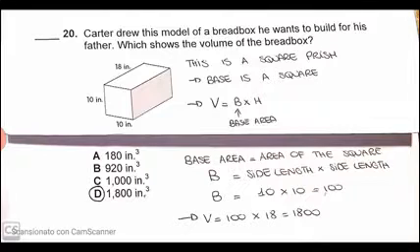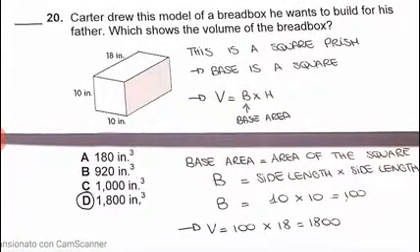The base is a square, so we make side length times side length. So B is equal to 10 times 10 equals 100. So the volume is 100 times the height, which is 18. 100 times 18 equals 1800. So the result is 1800. D.